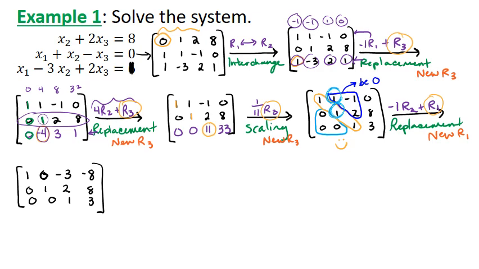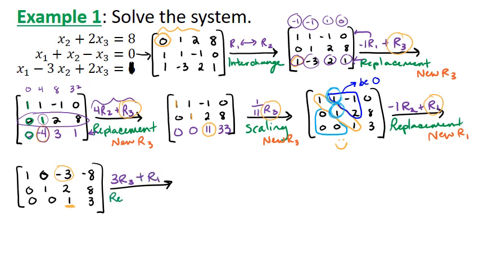Okay, we're getting closer. Now I'm going to try to make this 0. Looking at this, I notice that this is a 1, which is probably a lot easier to work with, because if I multiply row 3 by 3 and add it to row 1, boom, I'm good to go. So I'm going to multiply row 3 by 3 and add it to row 1.